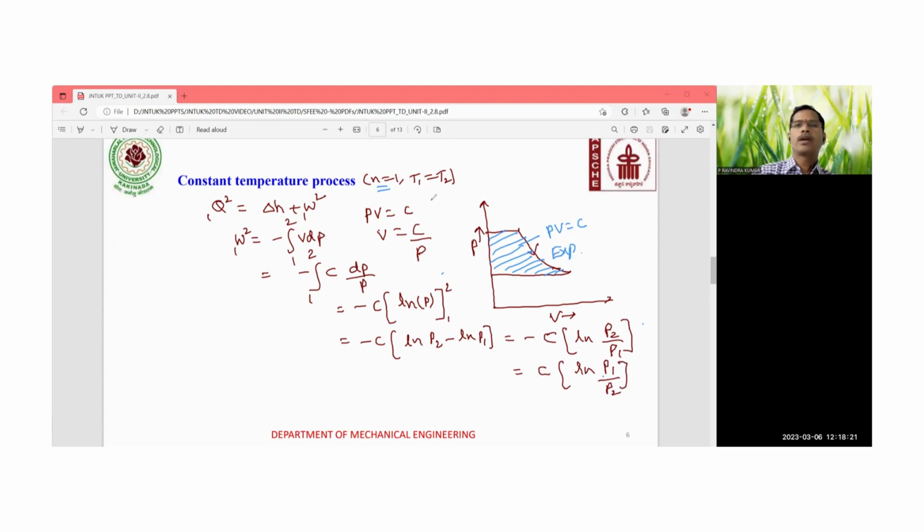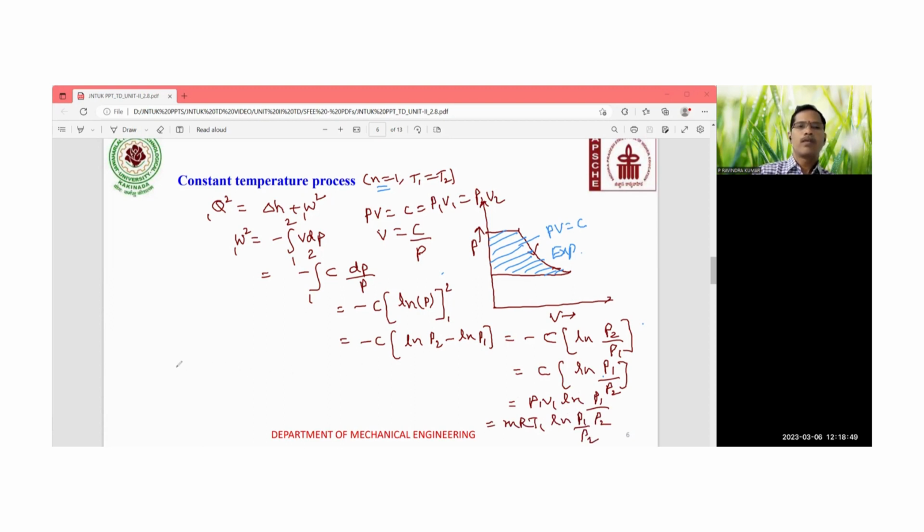What is the C here? This C is nothing but, when a system changes, P1 V1, that is nothing but equal to P2 V2. So you can apply here that C is nothing but P1 V1 ln P1 by P2. What about this P1 V1? That is nothing but equal to MRT1 ln P1 by P2, right?